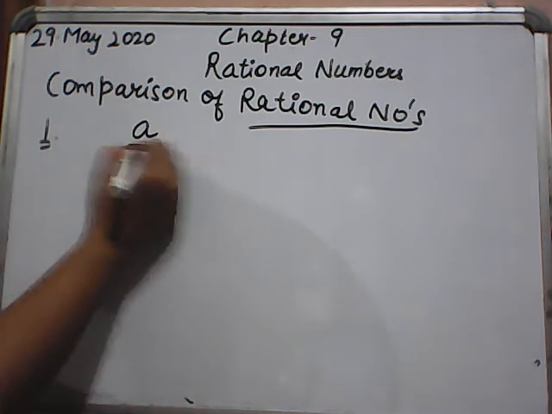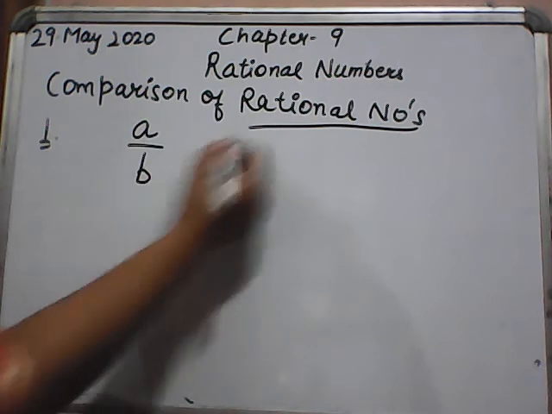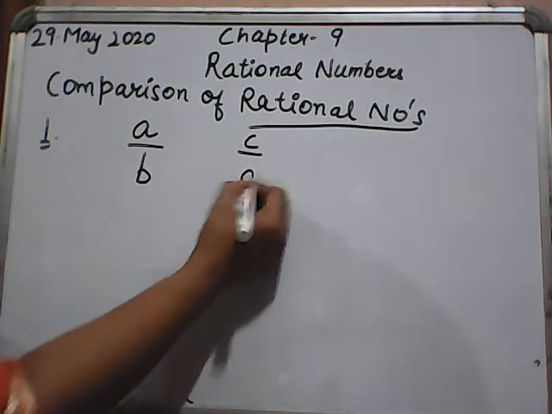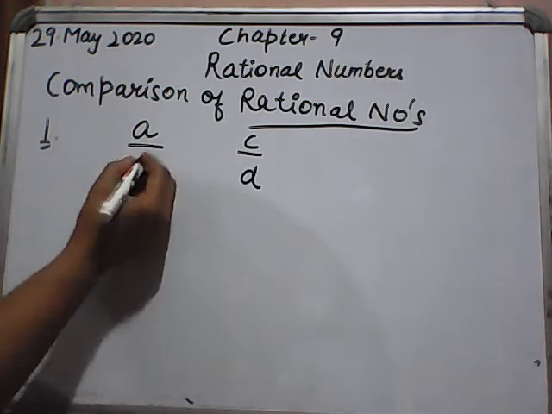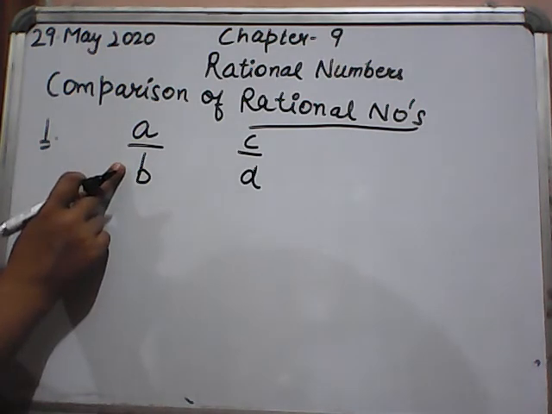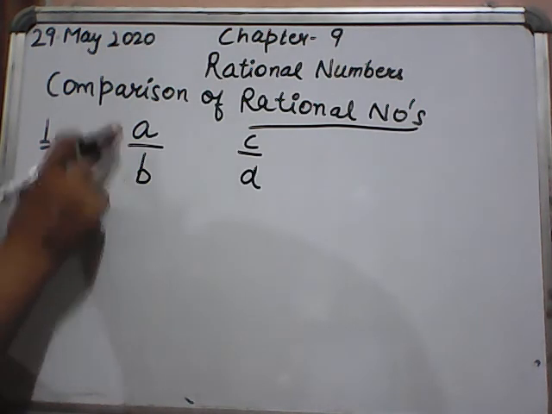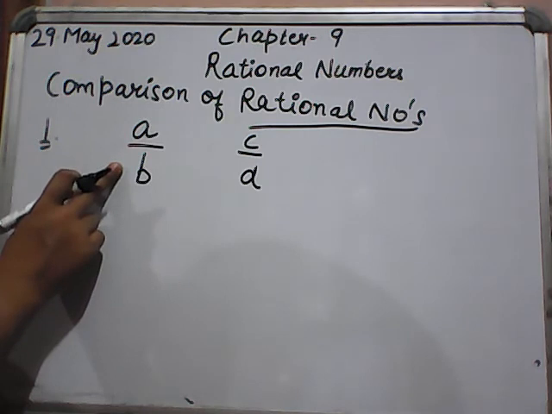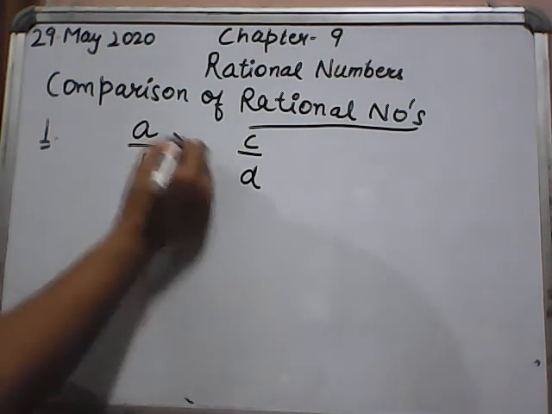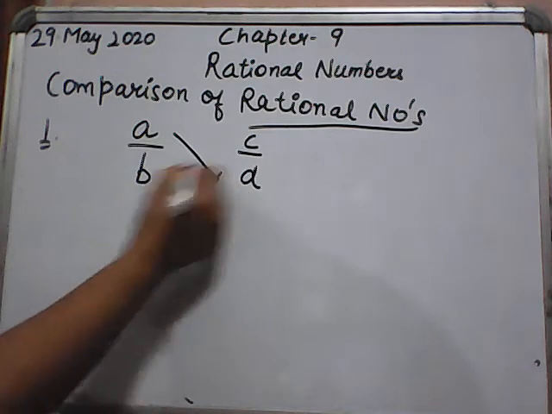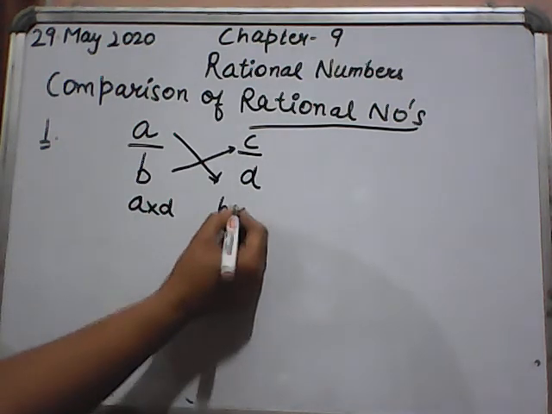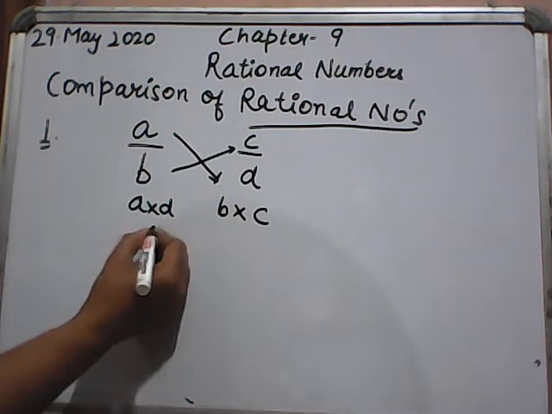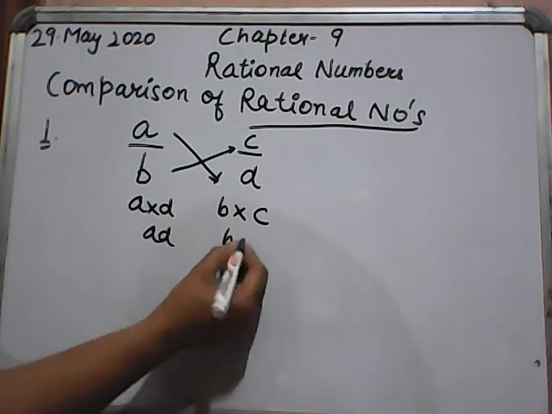Suppose we have two rational numbers a by b and c by d. We have to compare these two rational numbers. The denominator b should not be equal to 0, and a and b, numerator and denominator, belong to the set of integers. By cross multiplying, a multiplied by d and b multiplied by c, we get the result AD and BC.